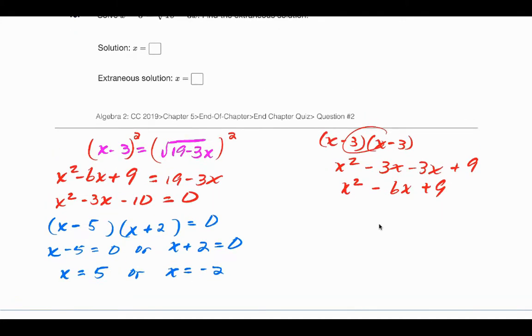So now remember, what we need to do there is we need to check. So we're going to check both of them, right? If they both work, then there's no extraneous solution. But I'll give you a hint. One of them will be extraneous. So let's just go ahead and check them like I just said. So check.